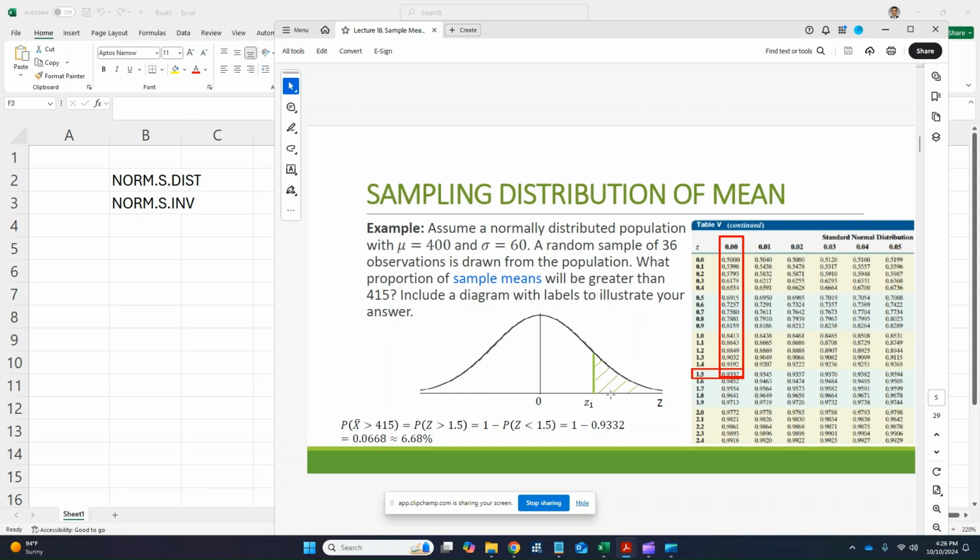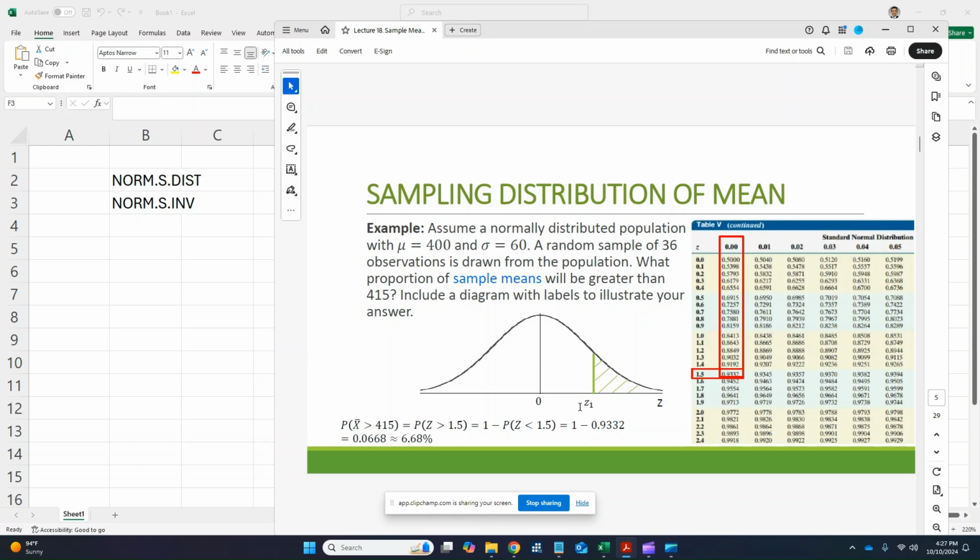That means out of the whole probability 1, we have about 93% probability of having a value lower than z1, or 1.5. And to get the probability beyond that value, you have to subtract this probability 0.9332 from 1. We have covered this in class.